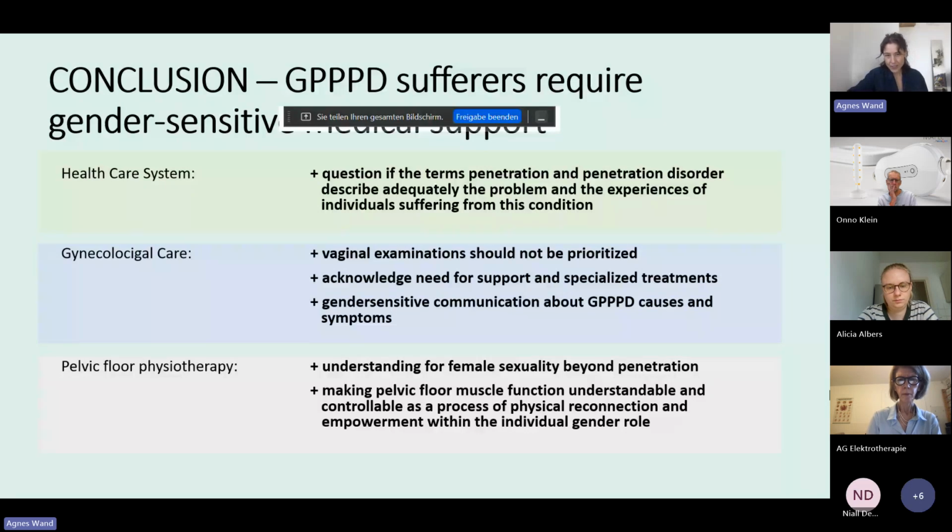Gender sensitive in this case means not accusing people who suffer of not being able to fulfill men's needs in sexuality anymore, not accusing them that they just cramp and should try to relax better, but to really go a bit deeper and try to find a cause, maybe try to find relief, but maybe also accept and try to find other ways.